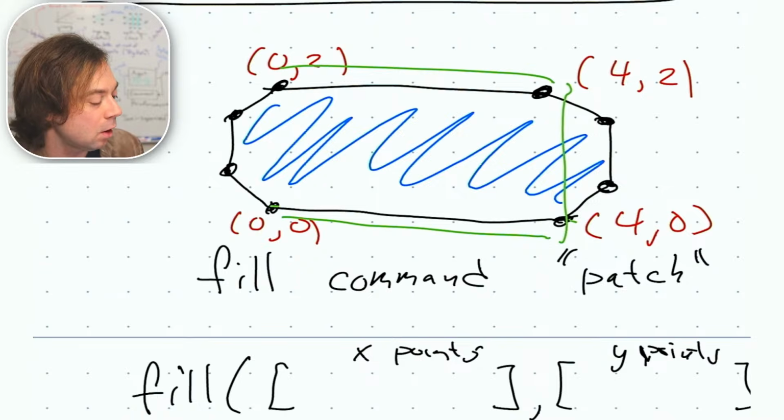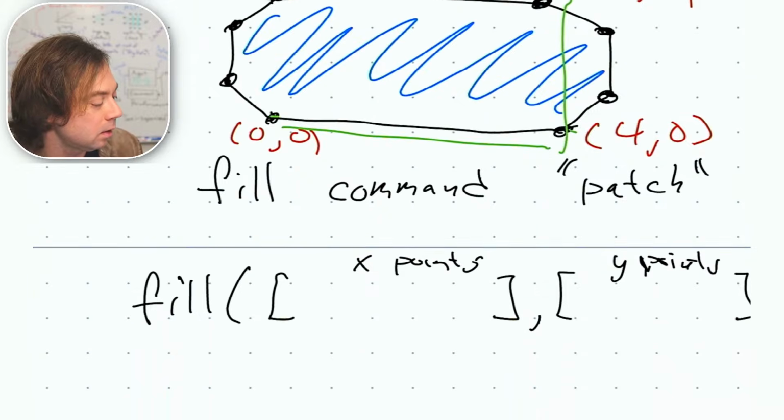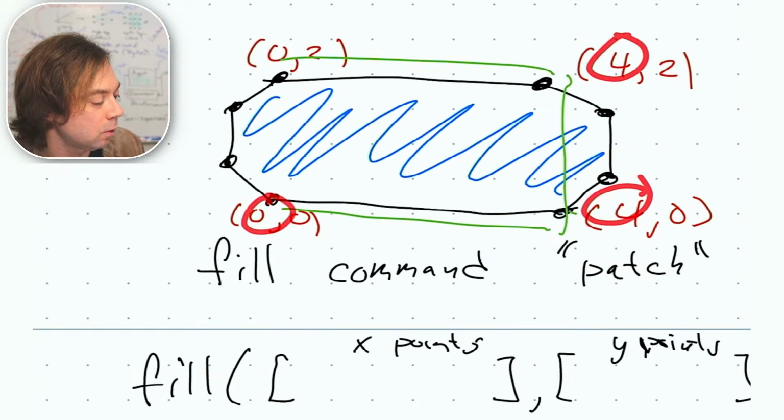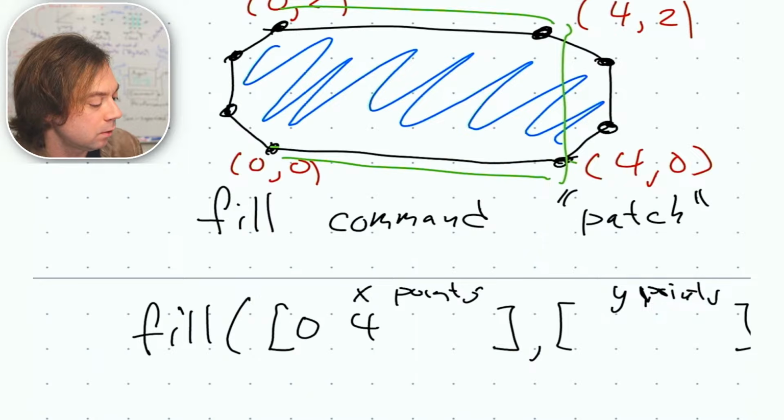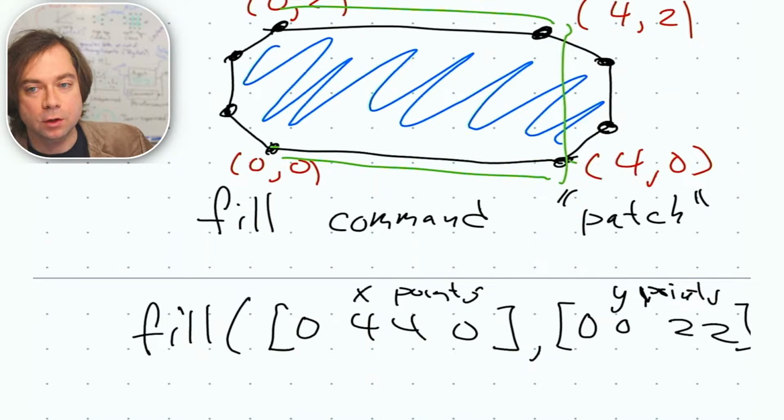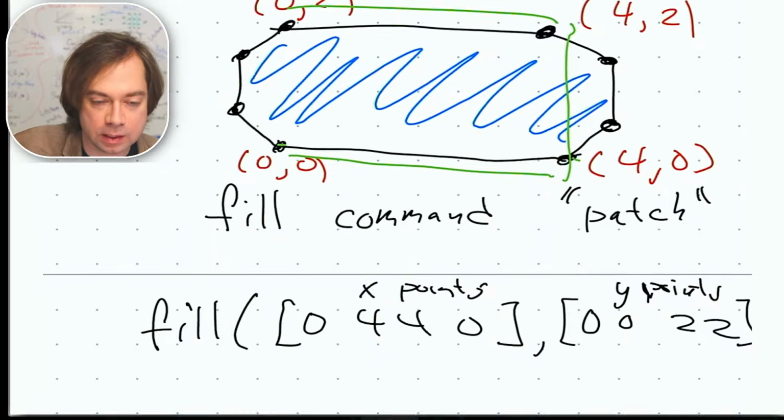So all of our X points are 0, 4, 4, 0, and our Y points are 0, 0, 2, 2. I'll show you a real quick fill command on the screen.